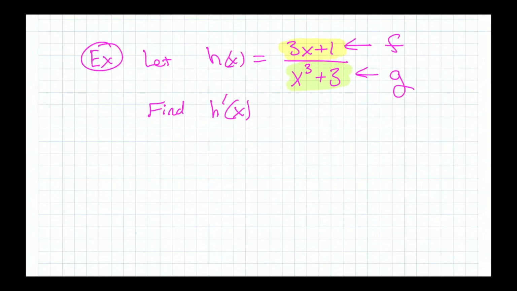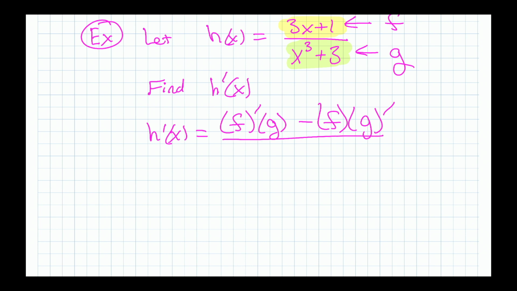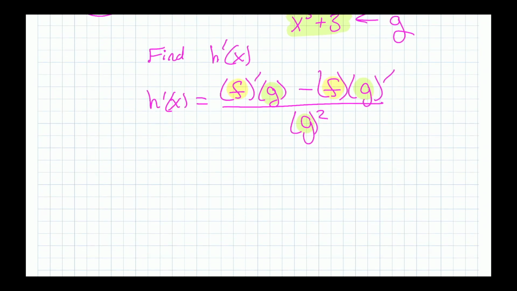Now I know that the form of the rule is f prime g minus f g prime over g squared. That's the form. Put parentheses on everything. So all I've got to do is fill these in. The f is here, and the f is here, and the g is here, and here, and here. So you just fill those all in the right place, and then we'll work them out. It's not that bad.